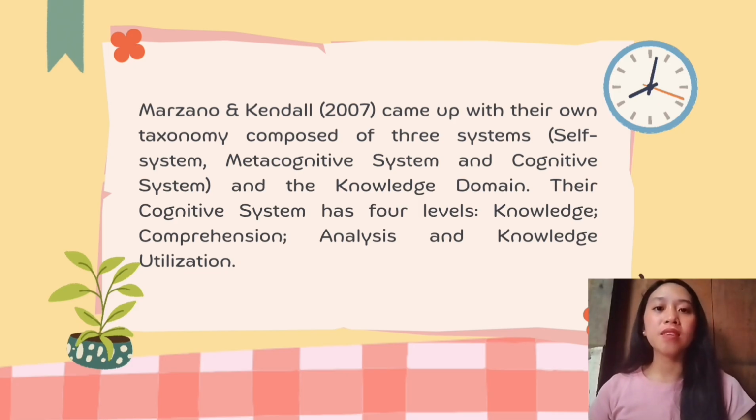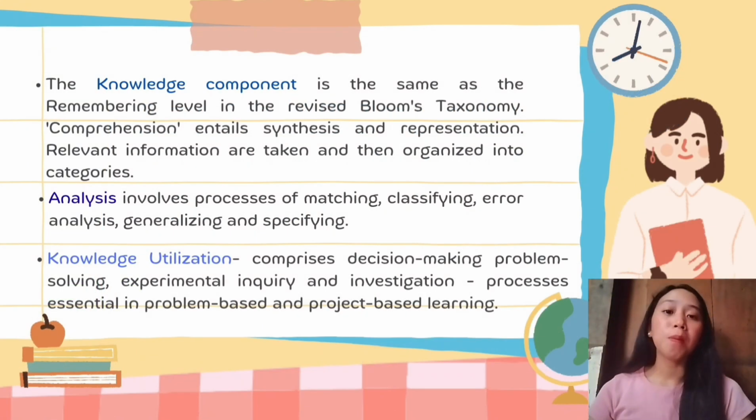Their cognitive system has 4 levels: knowledge, comprehension, analysis, and knowledge utilization. Knowledge is like the remembering level in Bloom's taxonomy. Comprehension involves synthesis and organizing information, while analysis includes matching, classifying, and error analysis. Knowledge utilization involves decision-making and problem-solving.